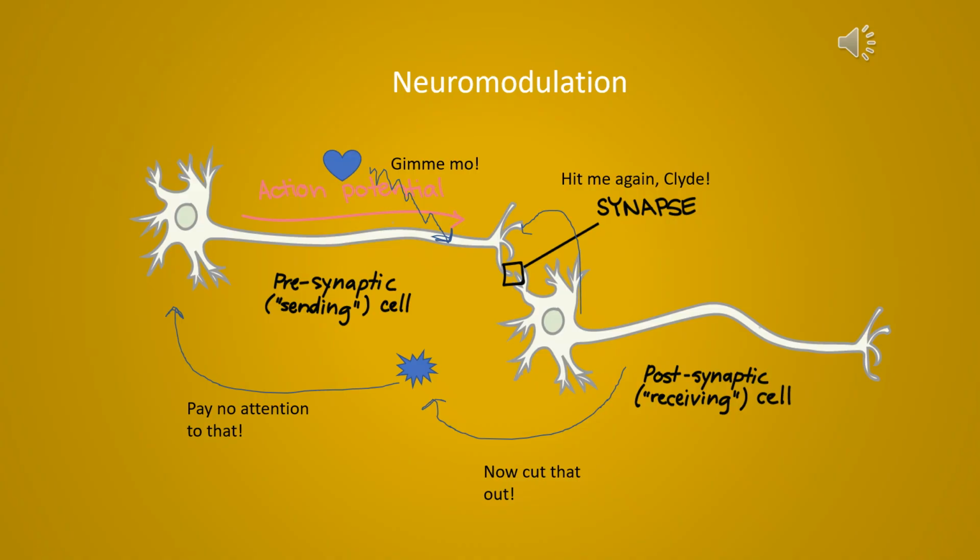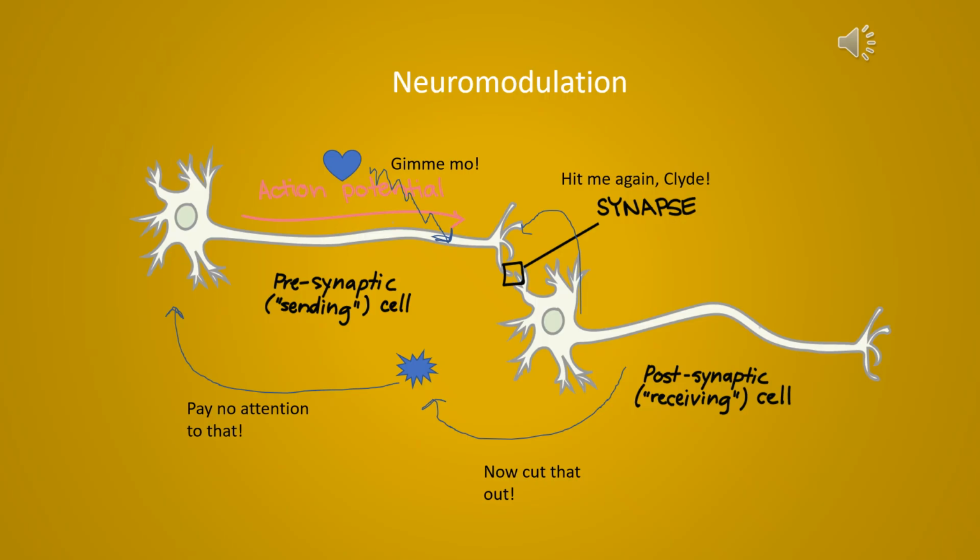So, in a simplified design, an action potential is just sent from one neuron to the next, and a certain response is generated. Well, it isn't nearly that simple. We have discovered that there are things called neuromodulators which can affect the neurotransmitter release or the binding of the neurotransmitter or the response of the postsynaptic cell to the neurotransmitter.